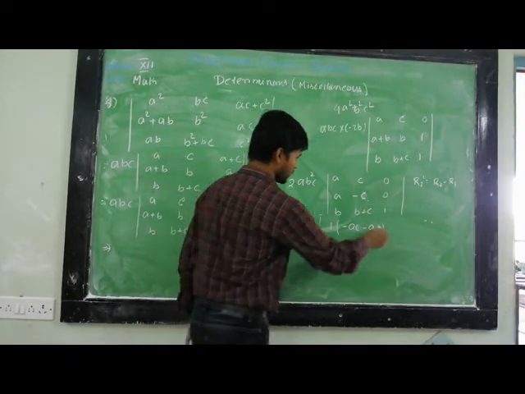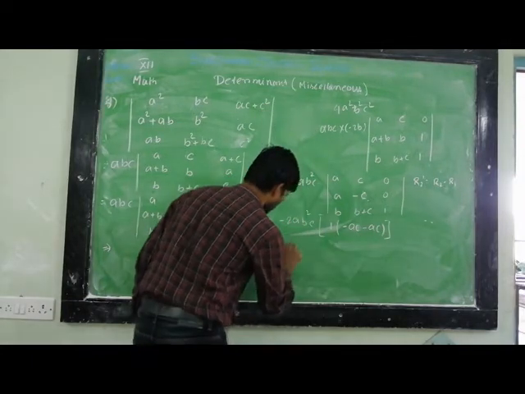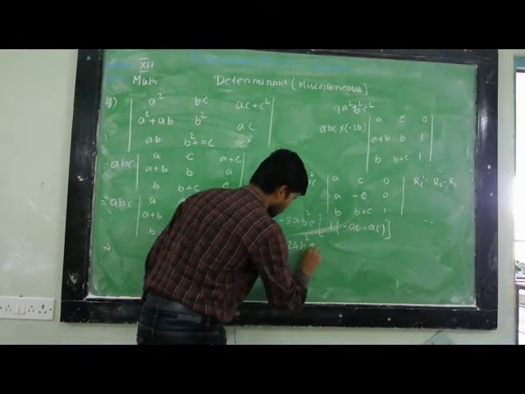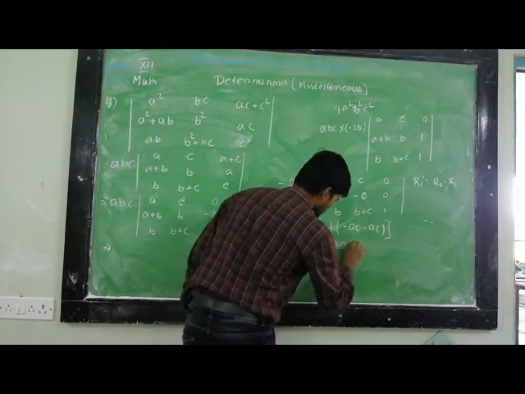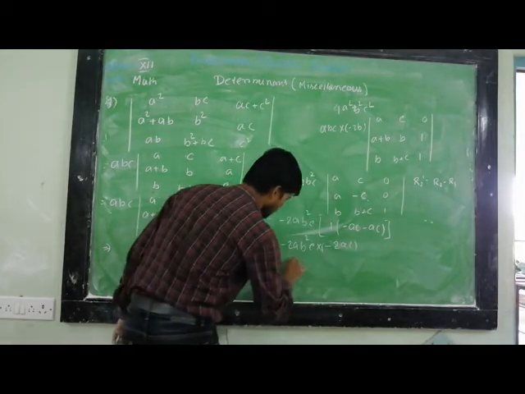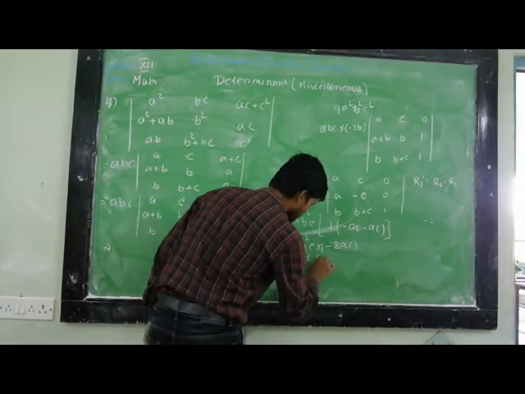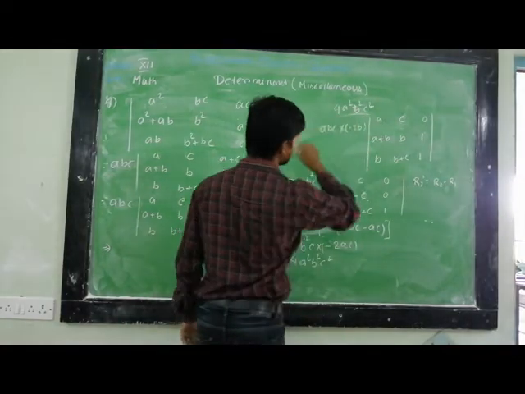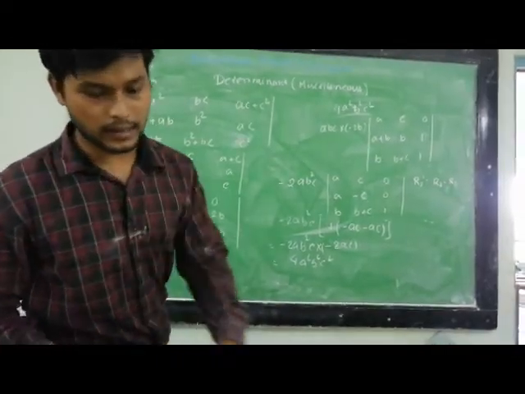So minus twice of ac. So minus 2ab squared c into minus 2ac. If I multiply, it will be 4a square b square c square, which is our given answer, and hence solved.